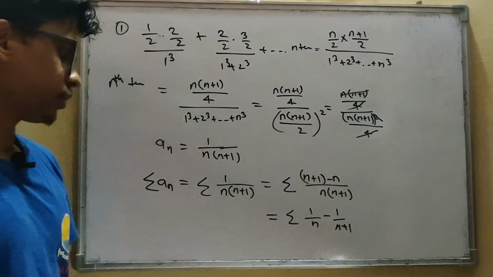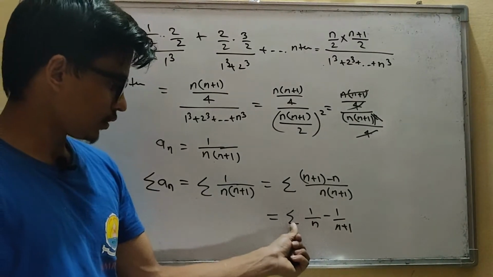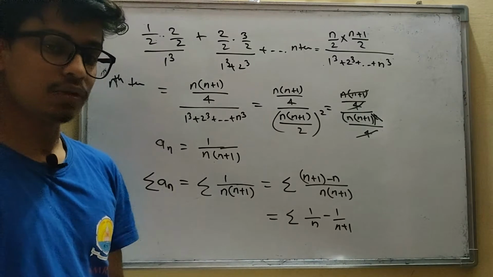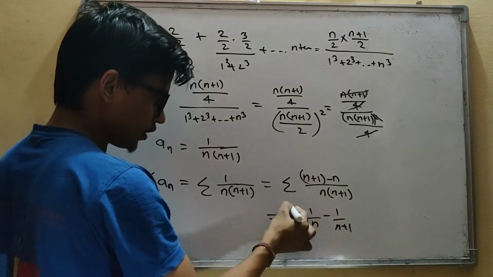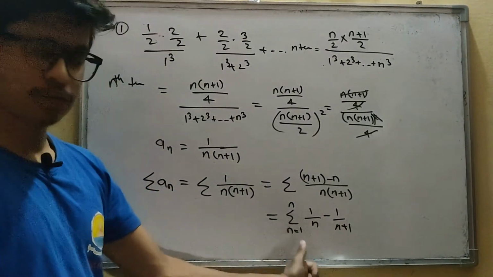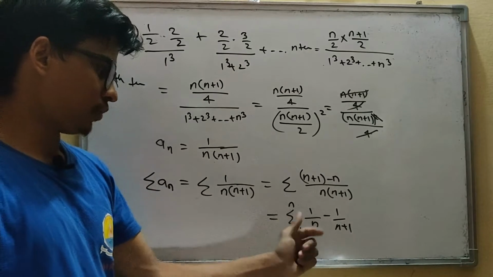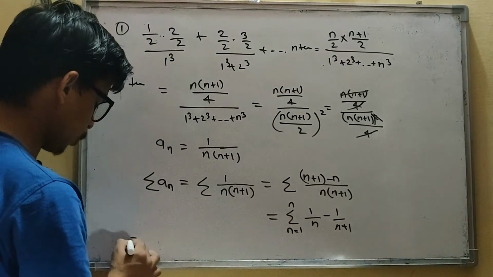So now start substituting the values of n. You know that the value of n is starting from 1 and going till n, or you can take it as r, and the value of r goes from 1 to n, right? We have to do this. So substitute the values. First you have to substitute the value of n as 1.